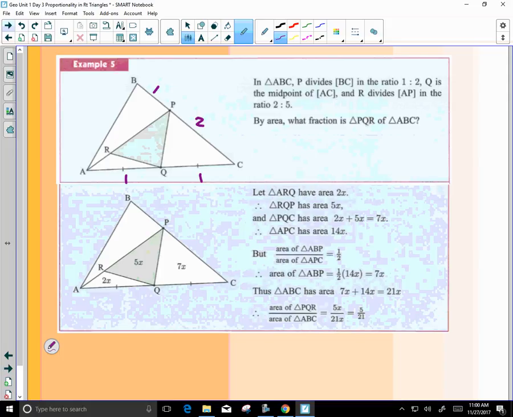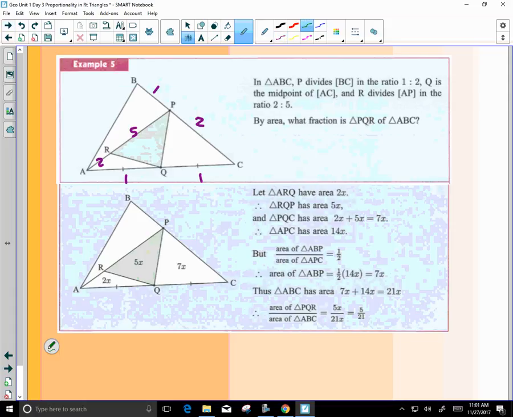And then R divides AP into 2 to 5. How are we doing? Doing all right? So we want to find the area comparison of this little gray triangle to this big one. Now, you'd think this would be the easiest thing ever, but it's actually kind of tricky.